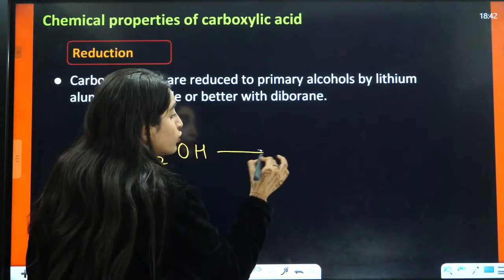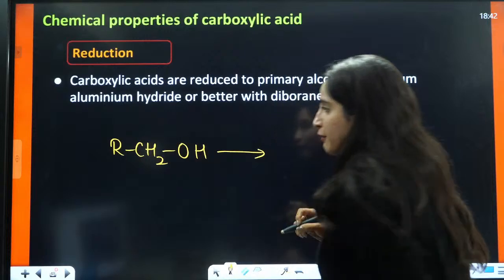We know that when you do mild oxidation, two hydrogens are removed.